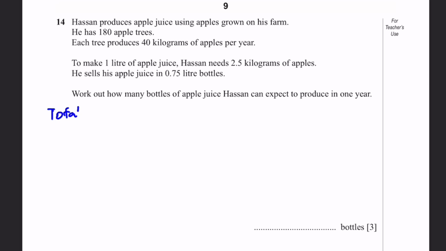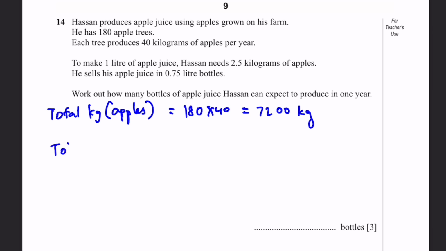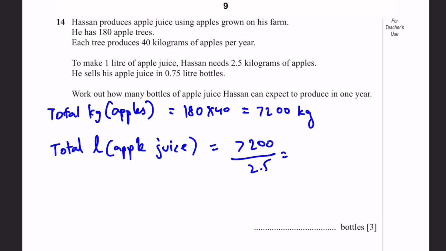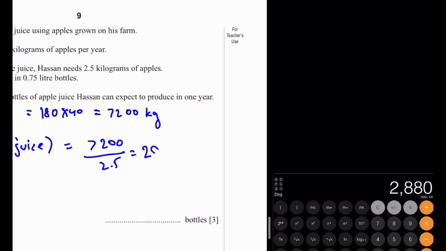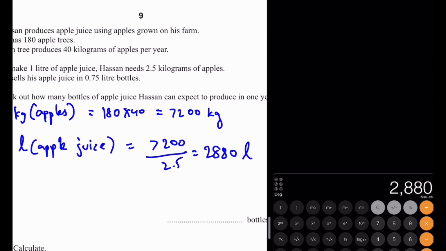So the total weight of apples, or mass, is equal to 180 into 40, and that can be written as 7200 kilograms. And now the total liters of apple juice that's possible to make is equal to 7200 by 2.5, and let's use our calculator. 7200 divided by 2.5 is equal to 2880 liters.